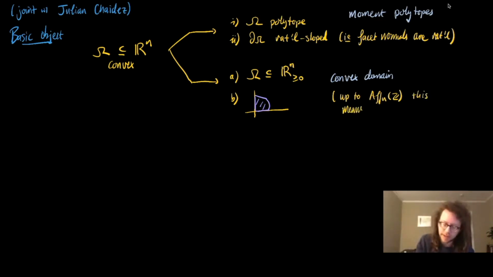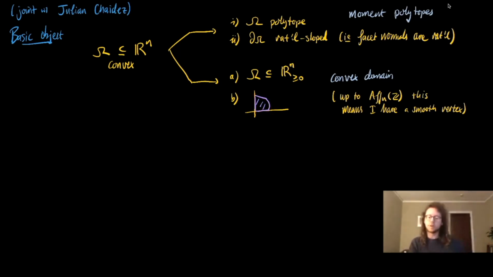This just means that I have a smooth vertex. So it's actually not too much of an assumption, but for the symplectic stuff, it's going to be important that this is based at the origin.